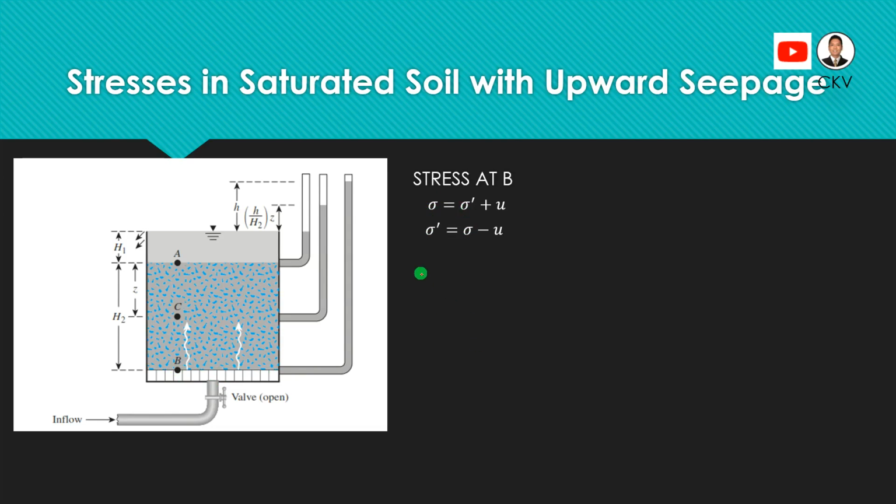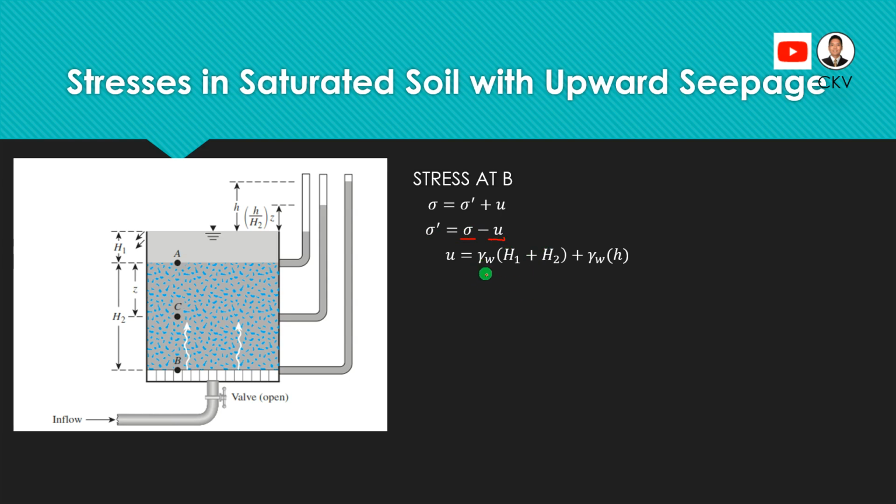So if we are to determine the effective stress, just take the difference of the total stress and the pore water pressure. So it's just the same, but for saturated soils with upward seepage, here's what makes the difference.